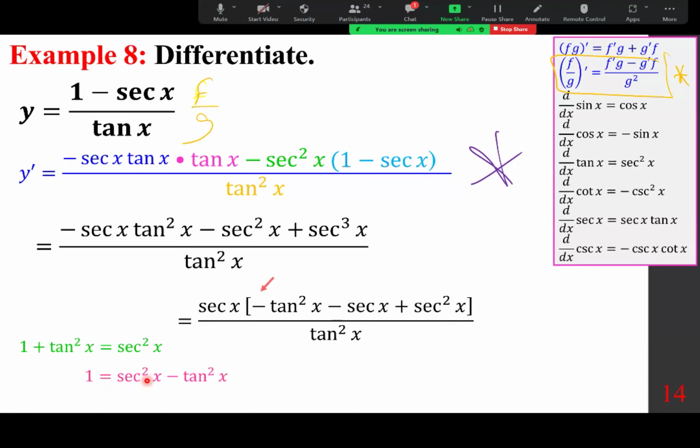And notice this one and this one, they add up to 1. You replace those two with number 1. So those two have been replaced with 1. So the final answer is secant x times the brackets 1 minus secant x over tan squared. Again, knowledge of algebra and trigonometry is a must.